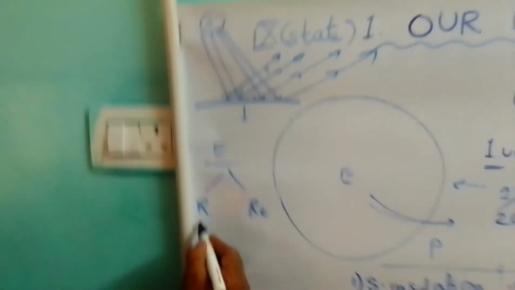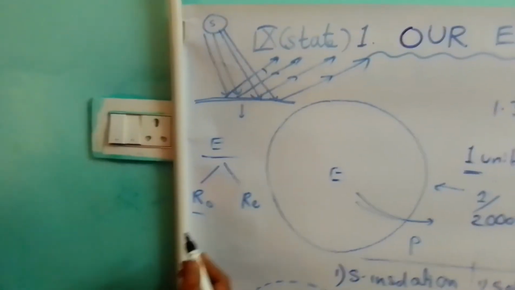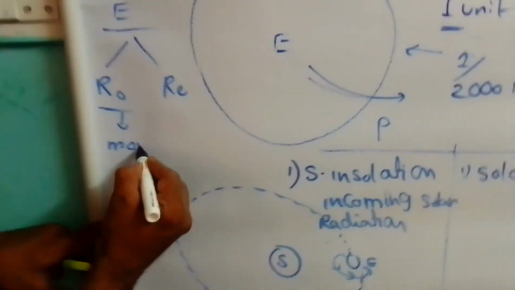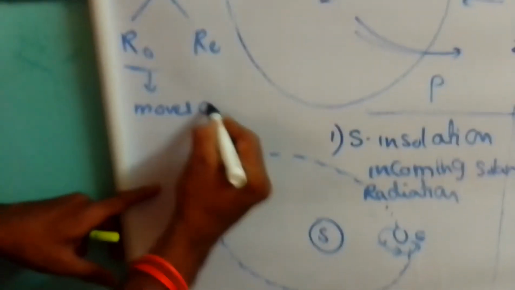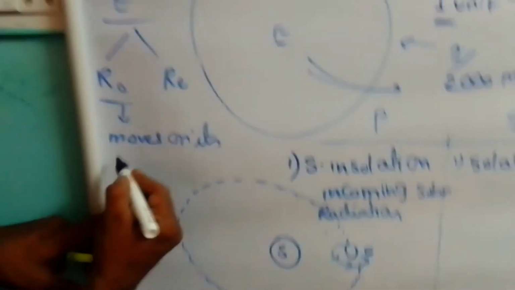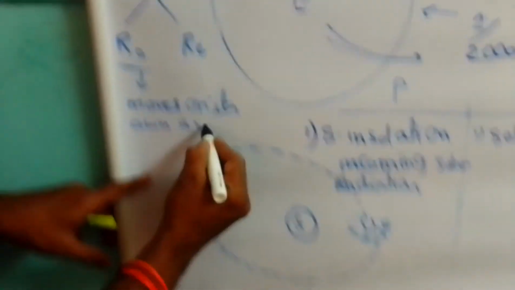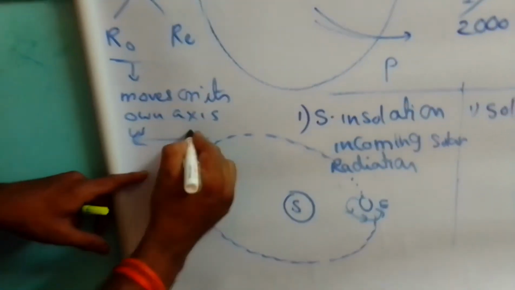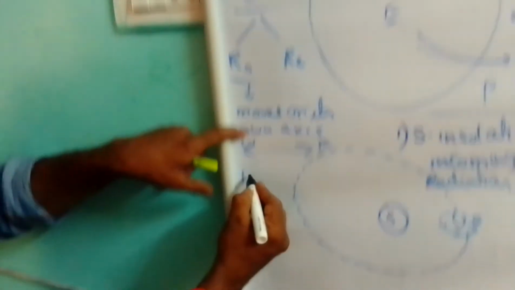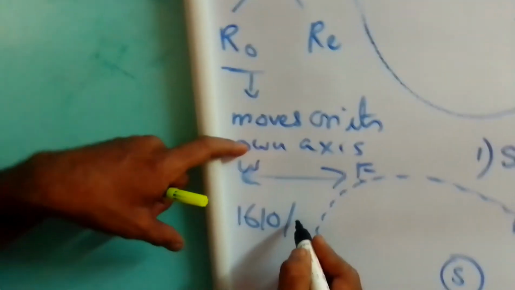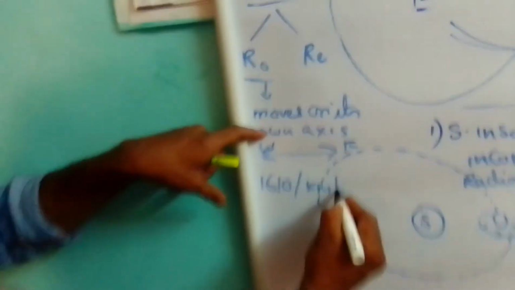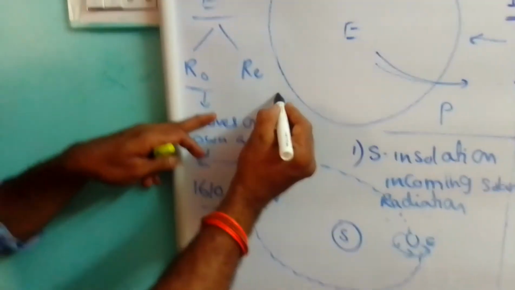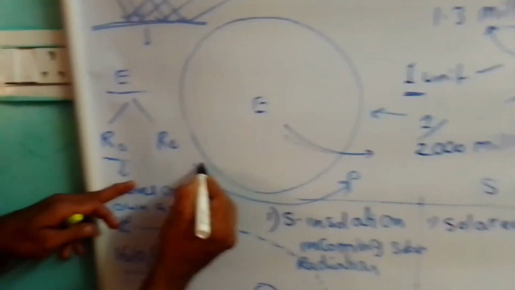Now we have to see what rotation is and what revolution is. The earth moves on its own axis from west to east with a speed of 1610 kilometers per hour, and this is called rotation.